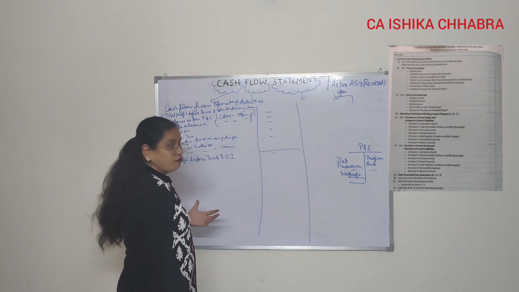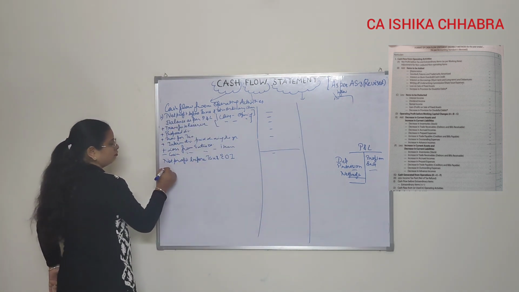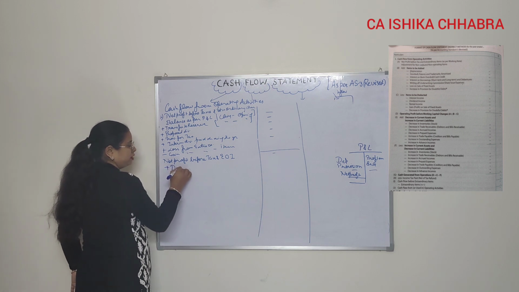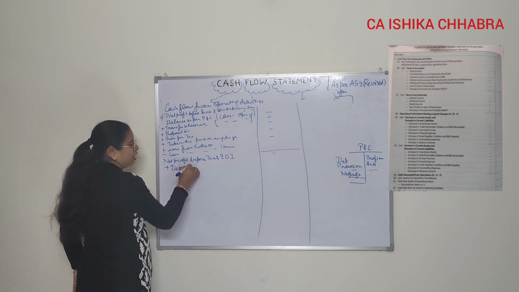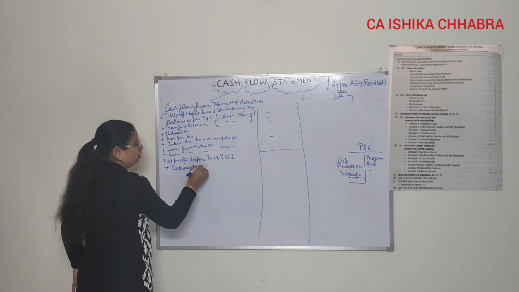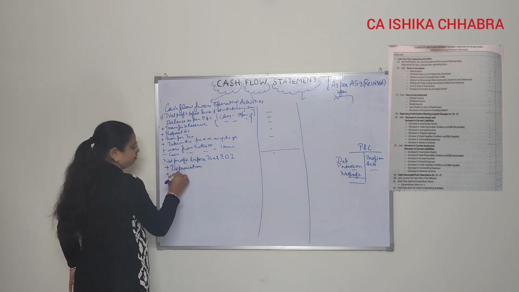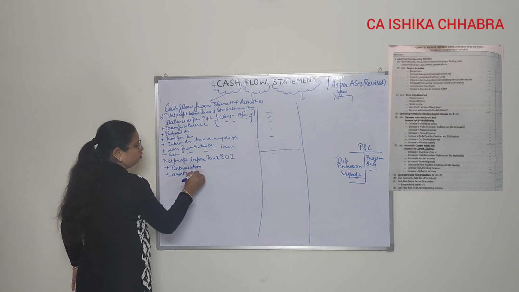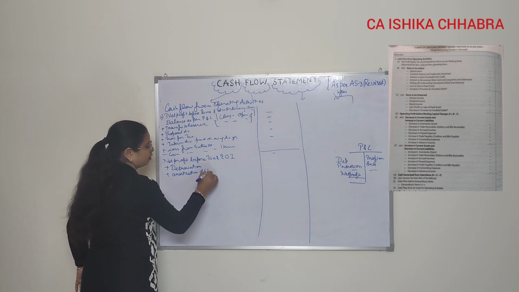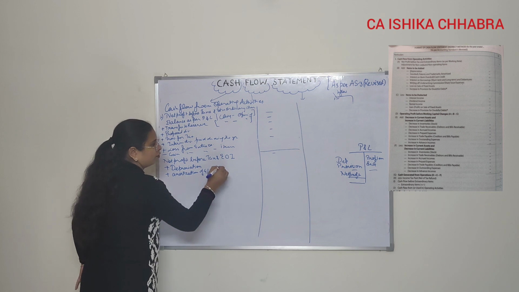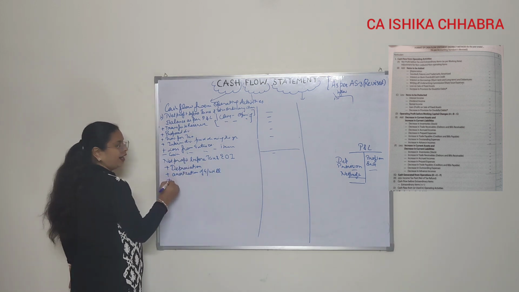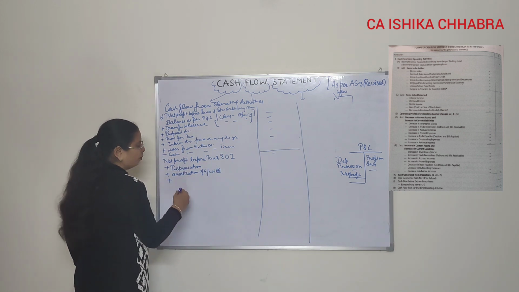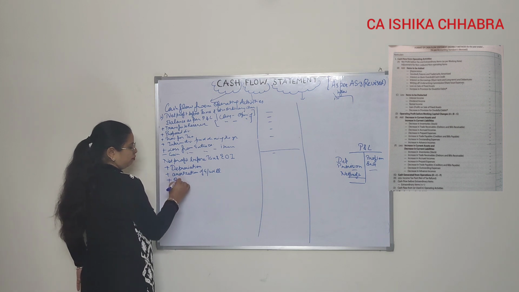Remove the effect. We will add the depreciation because in P&L we have subtracted it. Then amortization of goodwill. There are so many items; I am writing 2-3 items now, and you can see the rest from your book.